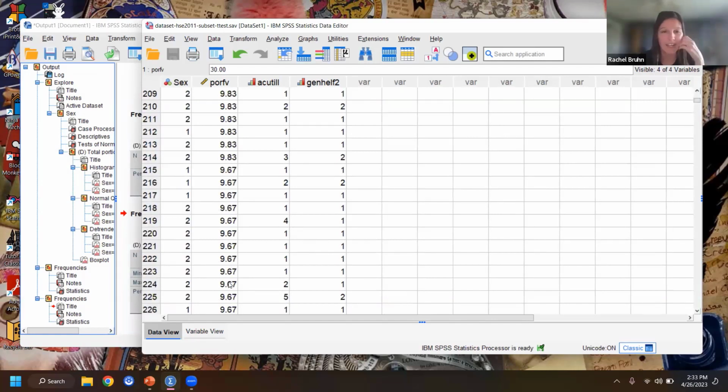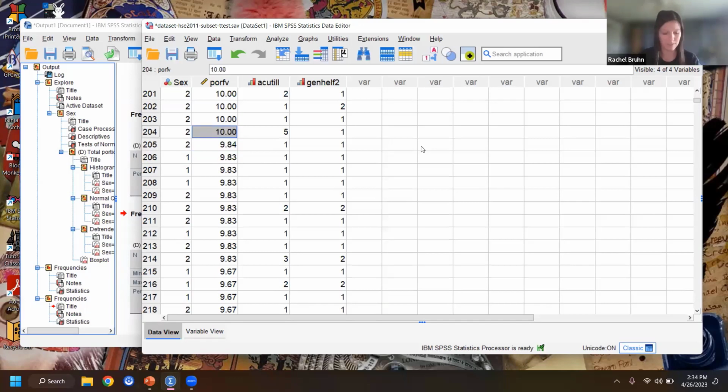Okay. All right. So 9.67 is the last one that fits. 9.83 exceeds that 9.75. So we want all of these data points to be one higher. So we'll leave the 9.83, and everything else we're going to change to 9.84.